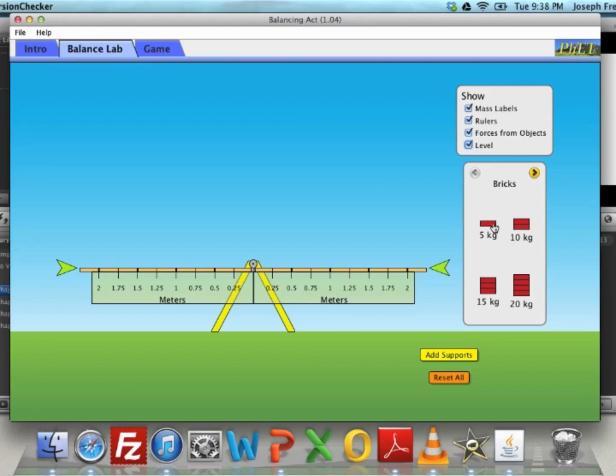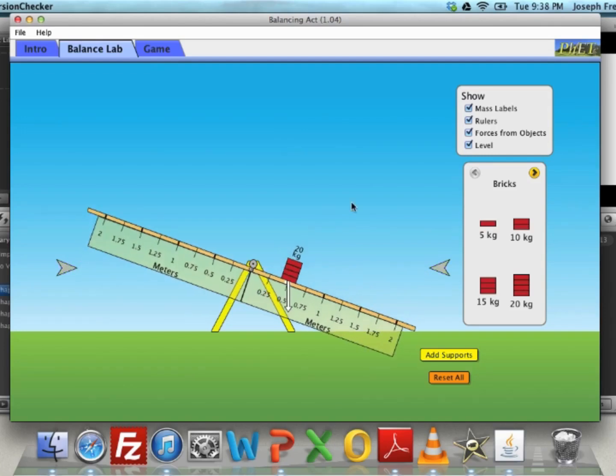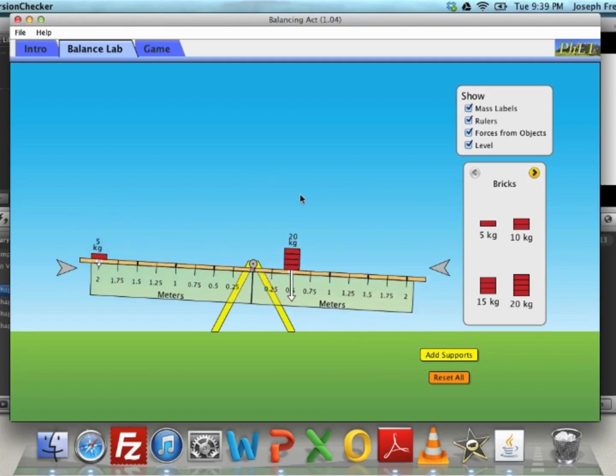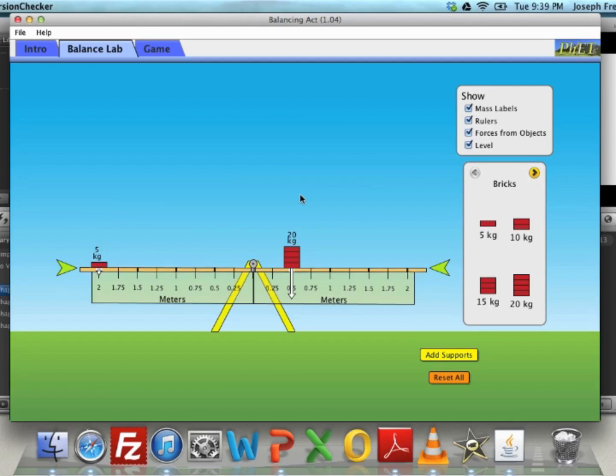I can see what happens, for example, if I put a 20 kilogram weight here at 0.5, and then put a 5 kilogram weight here at 2, and they balance. That's pretty neat, huh? It's kind of fun. It's like playing on a seesaw or teeter-totter, whatever you like to call them.